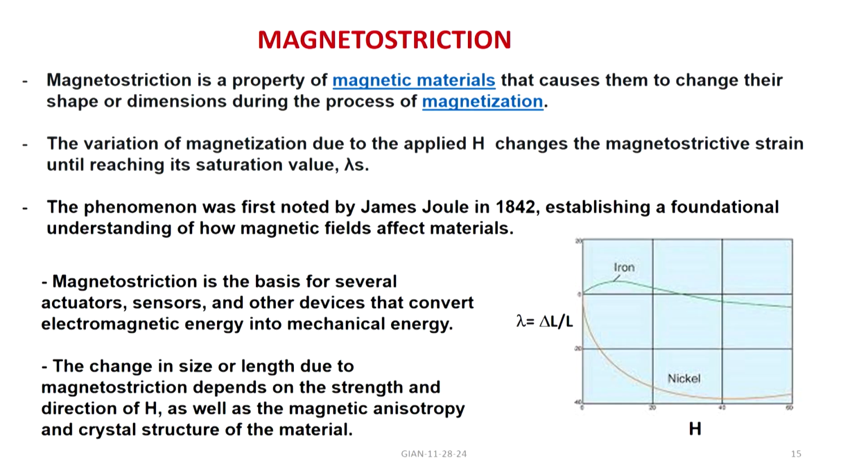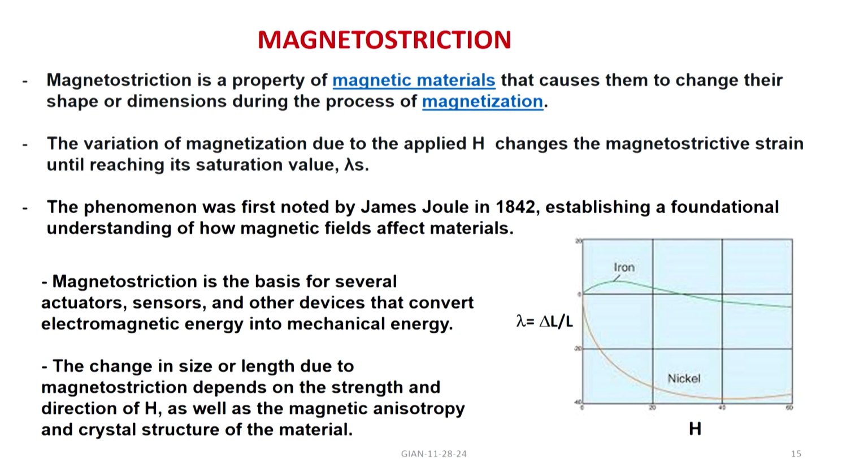This involves a shape change in the bulk of the material, some mechanical strain. That strain is what we call magnetostriction, and the strain will increase as you increase the external magnetic field, and ultimately it will reach its saturation value.